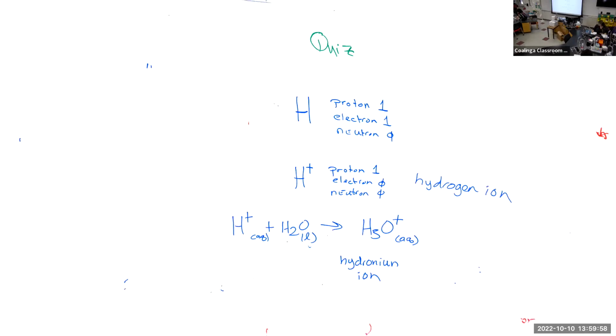Okay, does that make sense so far? If we think about an acid, we define acids in two different forms. There's a strong acid, or there's a weak acid. Strong acids are going to be those acids that completely dissolve.